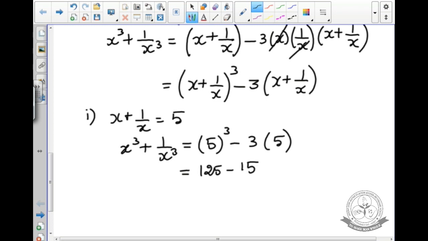If you subtract 125 minus 15, you will get 110. This is the value for x plus 1 by x is equal to 5. Then another subdivision.